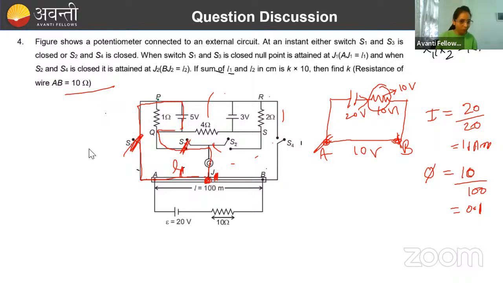And if at length L1 we are getting the balanced point, the potential drop on AJ1 will be equal to 0.1 L1. Okay. So this is the potential drop. We have solved the potentiometer circuit. Now we need to solve the external circuit.